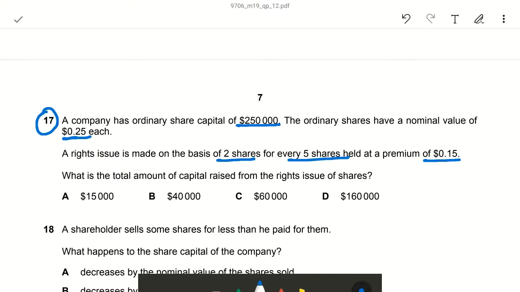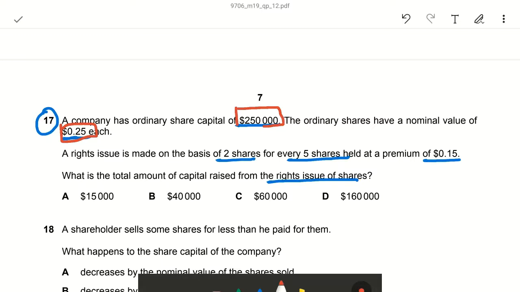What is the total amount of capital raised from the rights issue of shares? So here given the share capital 250,000 at price 0.25. Then the rights issue is giving 2 shares for every 5 shares held at an increased price of 0.15.